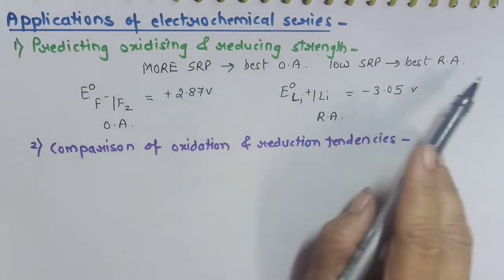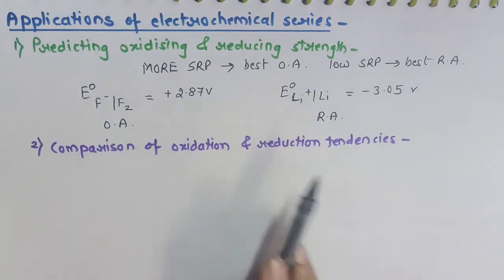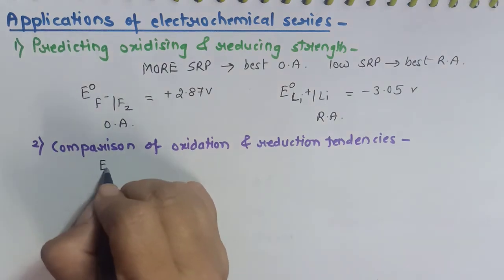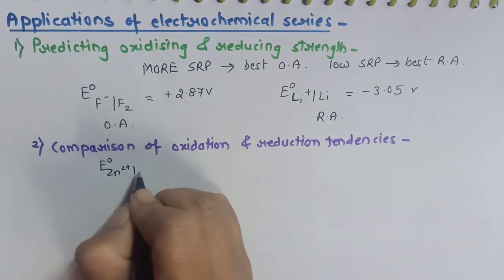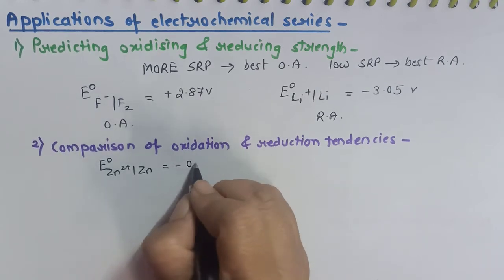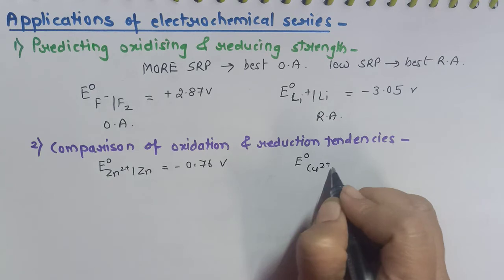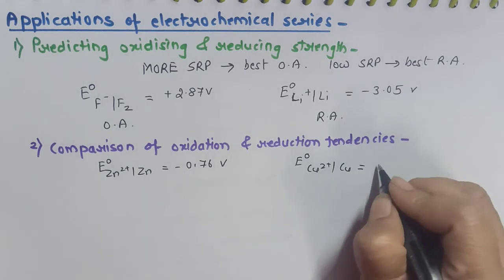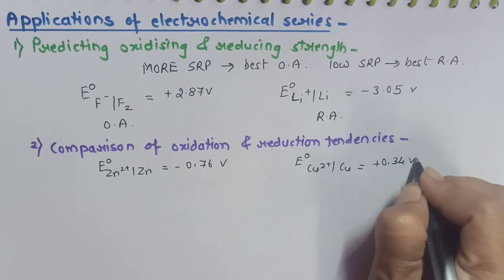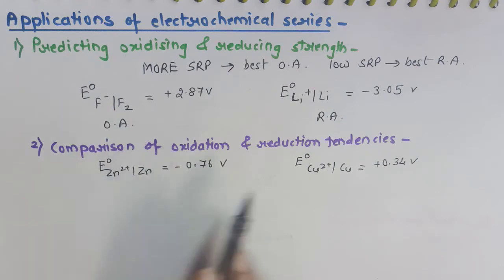By using the same concept, we can compare the oxidizing and reduction tendencies of the elements. For example, SRP of zinc is minus 0.76 volt and that of copper is plus 0.34 volt. So if I compare these two elements, which one has low SRP?